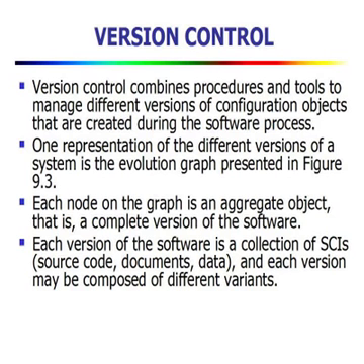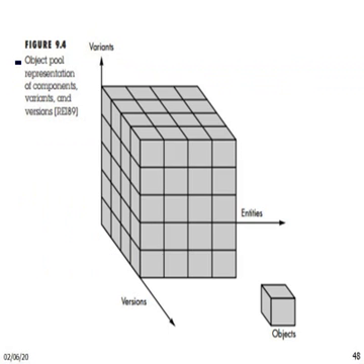Each version of the software is a collection of SCIs, that is, software configuration items: source code, documents, and data, and each version may be composed of different variants. To illustrate this concept, consider a version of a simple program that is composed of entities 1, 2, 3, 4, and 5.